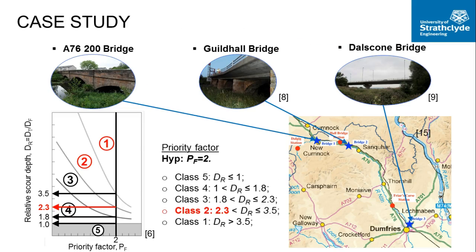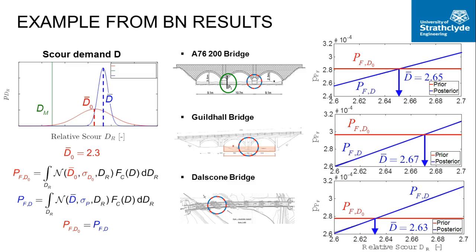So let's assume that the priority factor is equal to 2. According to that graph, the prior threshold for Transport Scotland is equal to 2.3 because it's the value defining the boundary between class 2 and class 3. On the right, we have the plot of the two scour probabilities of failure.